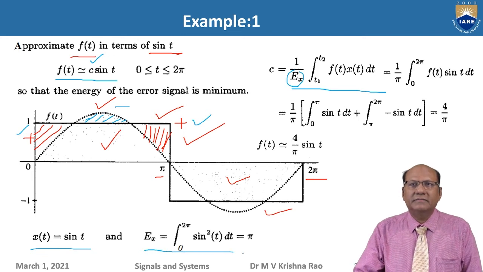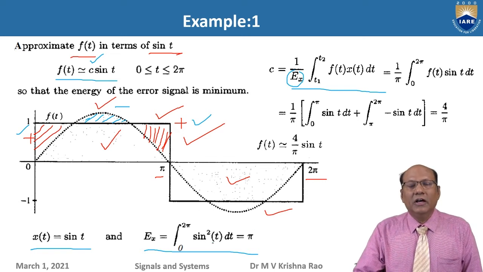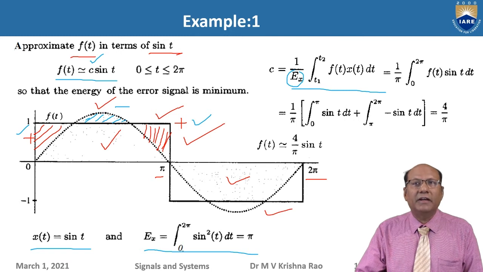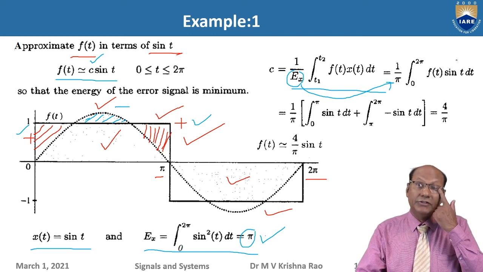Energy in x is nothing but the square, so you have to square this term. Squaring gives sin square, and sin square is nothing but 1 minus cos 2t divided by 2. If you integrate and substitute the lower limit and upper limit, I will get the pi value for this. So this pi value I am substituting here for 1 by Ex, and the numerator comes as it is.